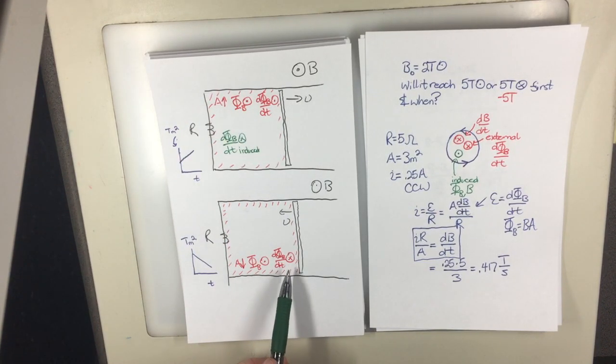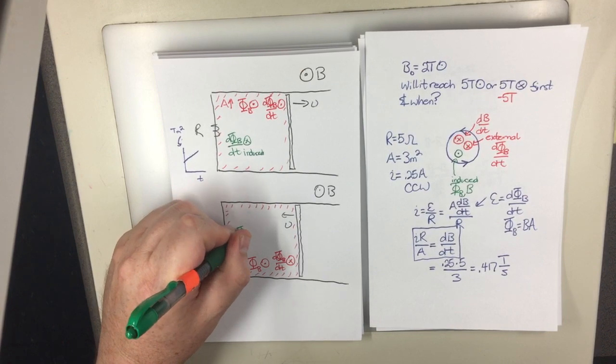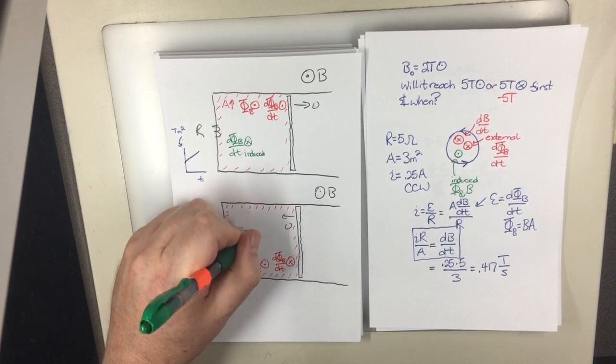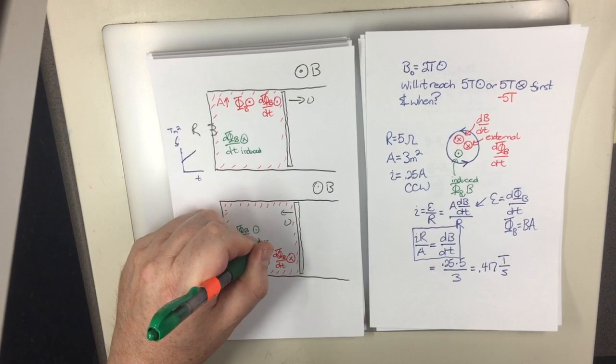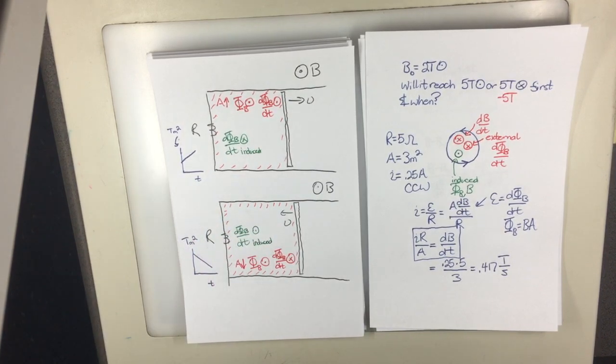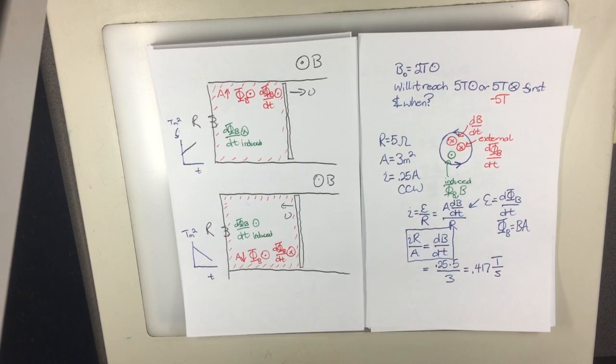Here the change in flux with respect to time is in, so the induced change in flux with respect to time is out. And so that is Lenz's law being applied.